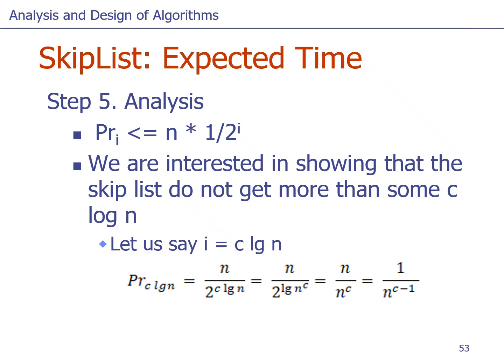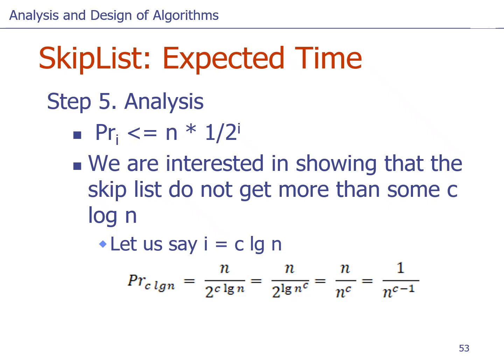Now, we are interested in showing that the skip list does not get more than some log n height. So I will assume my height is log n. Or in other words, my I, the level I'm interested in, is log n. So if I have 1,000 elements, I'm interested in finding out what's the chance of actually having an element at log 1000.